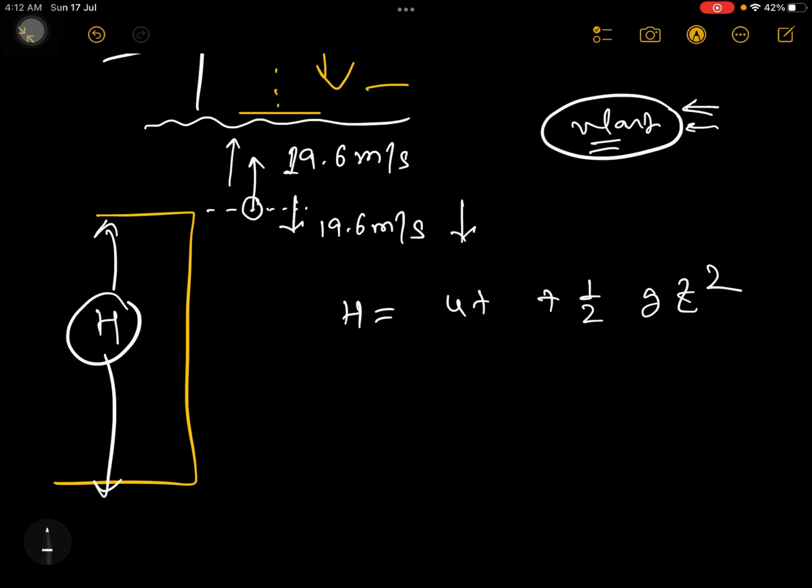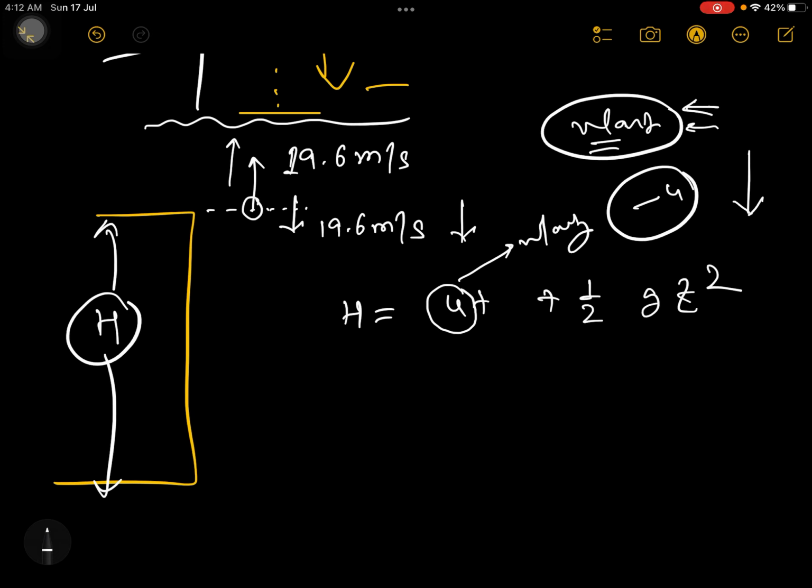This is my basic formula, where t is time. But in this formula I will make one small change. I will consider this u as velocity and put this u as minus u, because I will consider downward velocity negative.